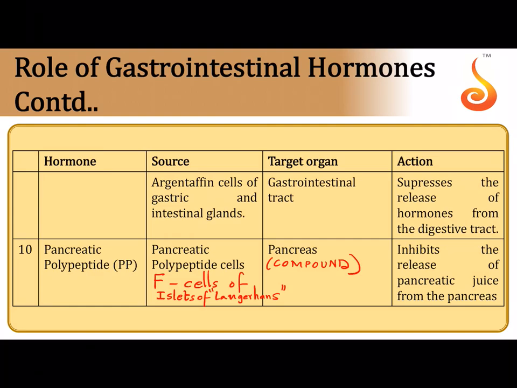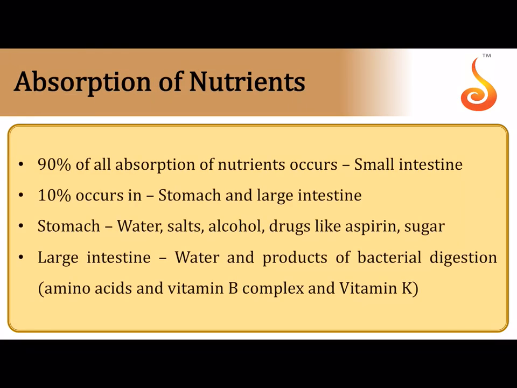A compound gland means it has both exocrine and endocrine parts, and this particular pancreatic polypeptide secreted by the F cells of the pancreatic islets of Langerhans will inhibit the release of pancreatic juice. Of course, when there is no food in the intestine, there is no point of releasing this pancreatic juice, and therefore it inhibits the release of pancreatic juice.